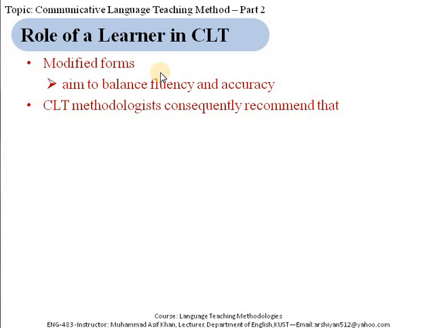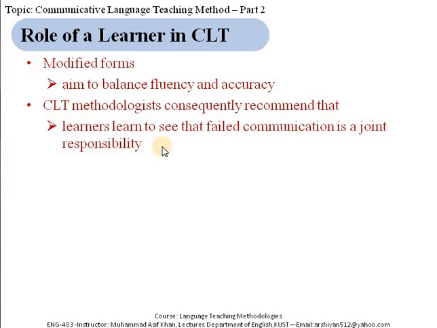Here we see that modified forms do aim to balance fluency and accuracy, and the cooperative instead of individualistic approach to learning is stressed in the modified form of CLT, and it may likewise be unfamiliar to learners.